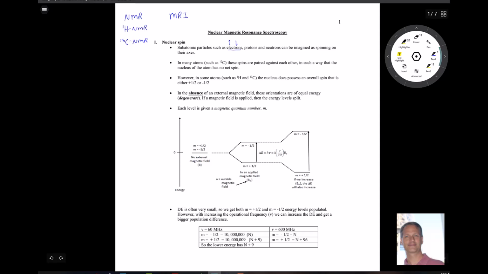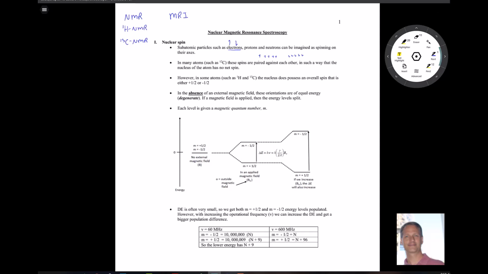Now, in many atoms, such as carbon-12, the spins of the protons are paired against each other in such a way that the nucleus of the atom has no net spin. You can imagine if you have 12 protons and 6 are spinning up and 6 spinning down, then the overall spin is 0.